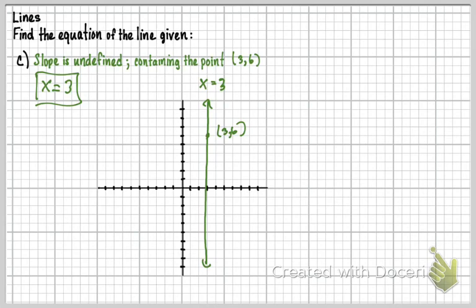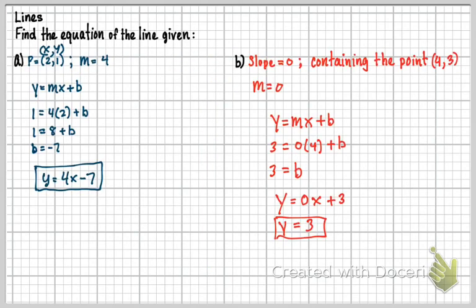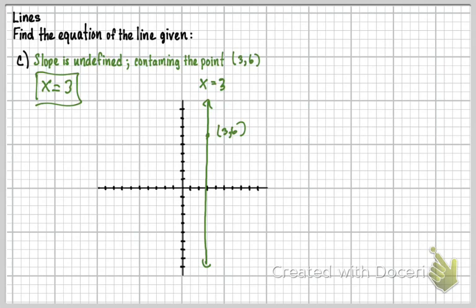It works the other way as well. So if I was drawing a horizontal line, the last problem, if I look at that one, that was y equals 3. Now, if you look at the y value, that y value was 3, wasn't it? So I'm just going to plot that point (4, 3) there.